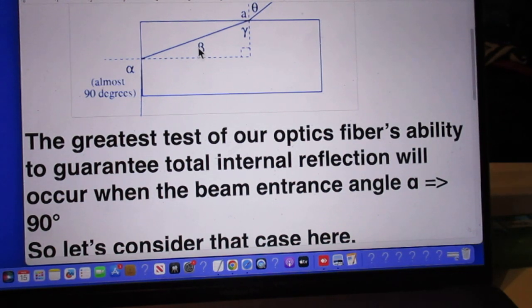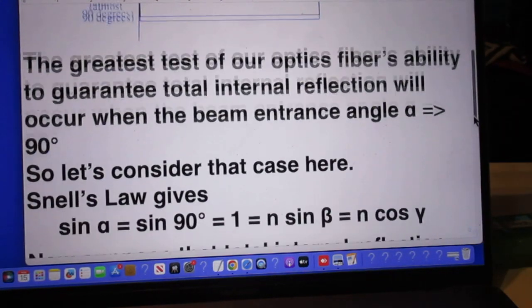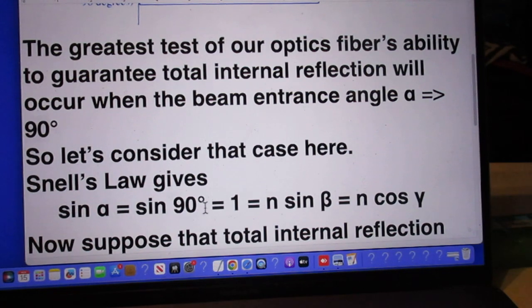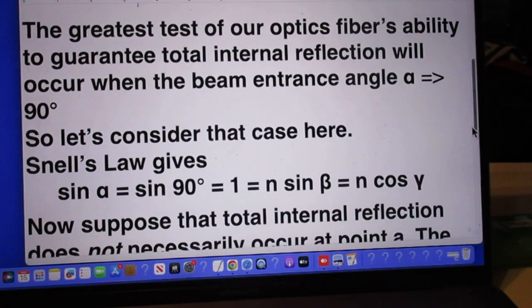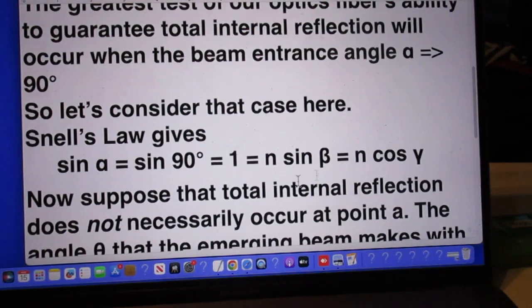Now sine beta is also cosine of gamma. So now you see that 1 in this approximation is n times cosine gamma. We will need that result later. So remember, 1 equals n cosine gamma.